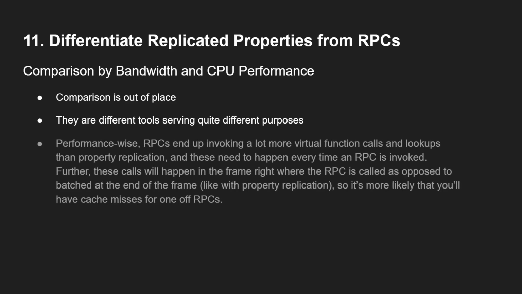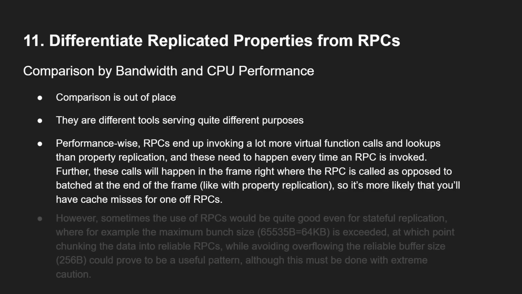But if you're really interested in knowing this kind of stuff, performance-wise, RPCs end up invoking many more functions and doing many more lookups, and whenever they are called, they are immediately executed, which is different from properties. Replicated properties are batched at the end of the frame, which means that they will have more cache misses, of course, and they will be more performance heavy.